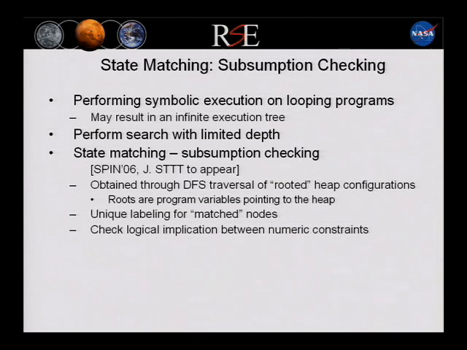But we have also investigated more advanced techniques that perform subsumption checking. As I said, a symbolic state represents a possibly infinite set of concrete states. So you need to check some logical implication between these symbolic states.